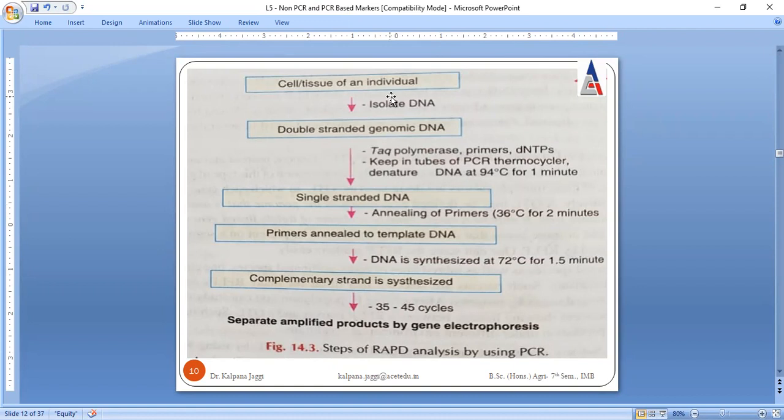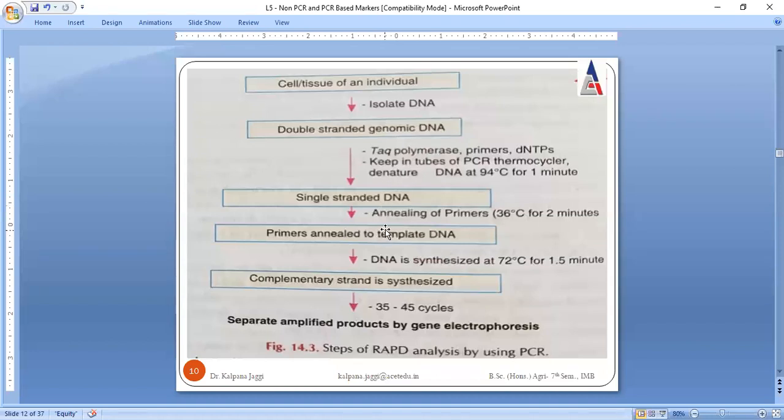This is also considered as how amplified products are to be separated. Again, we have an individual. From the individual, we isolated the DNA, which is basically double-stranded DNA. Then this double-stranded DNA is denatured, that is converted to single-stranded DNA.